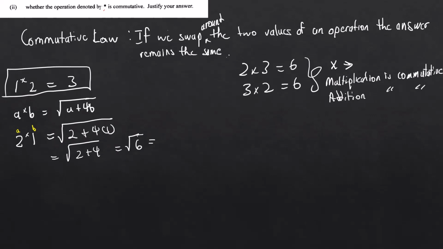Put the square root of 6 in your calculator, you will never get 3 or 2. The reason for that is because you have to remember what square root is. I know you guys always forget that square root does not mean divide by 2. Square root, I repeat again, does not mean divide by 2. You'll get 2.4494, that's the decimal.